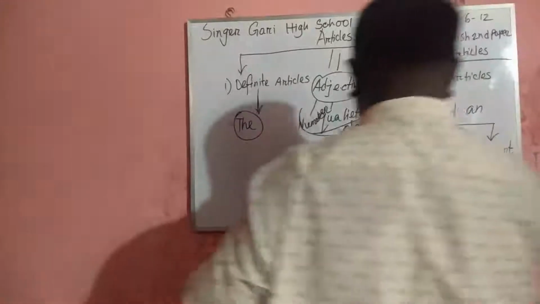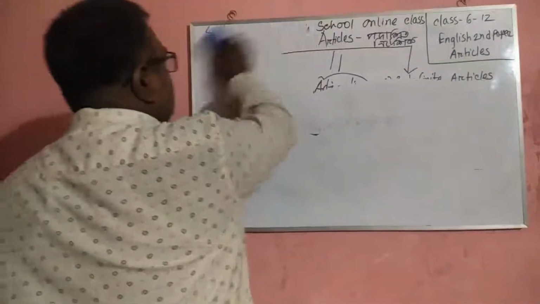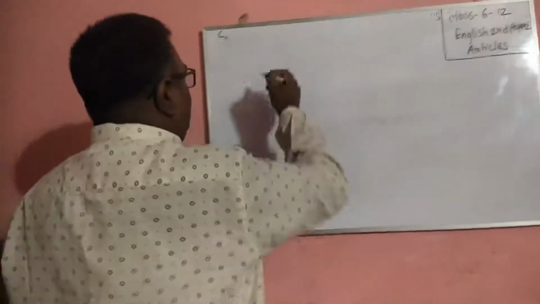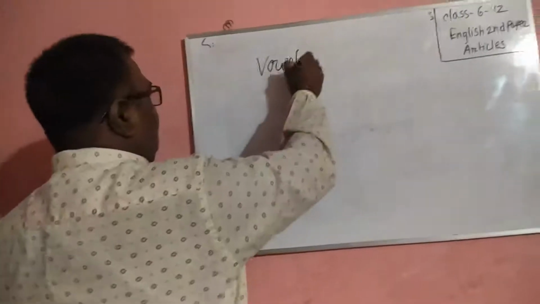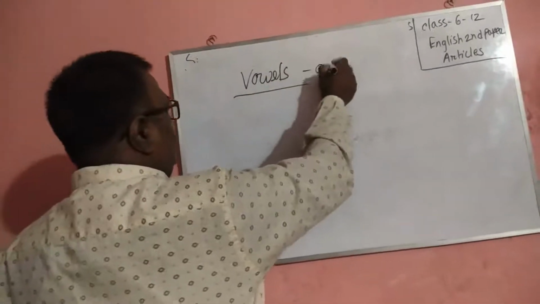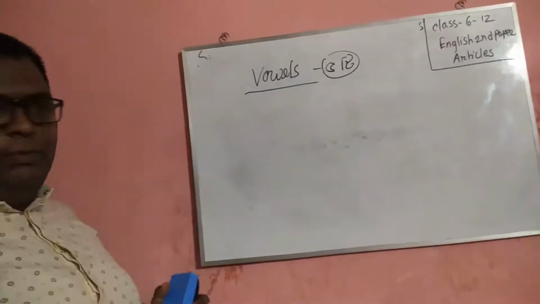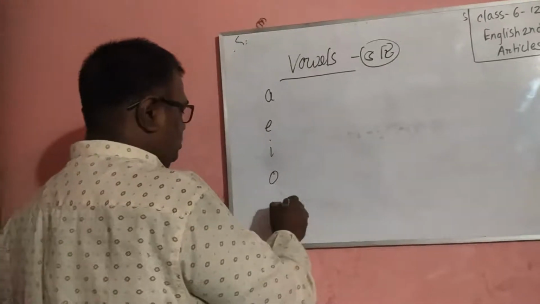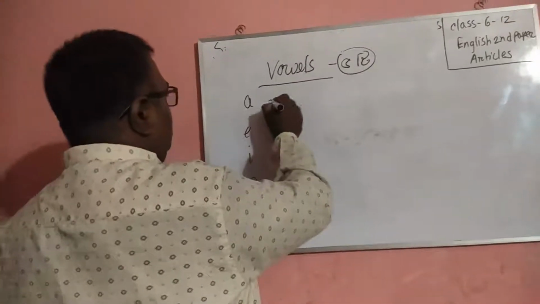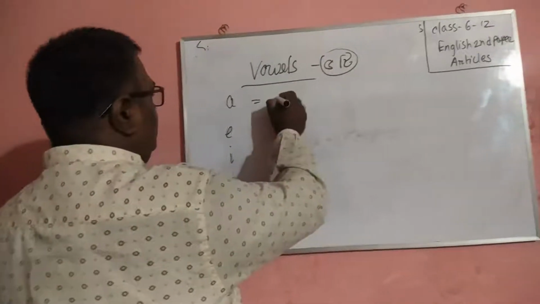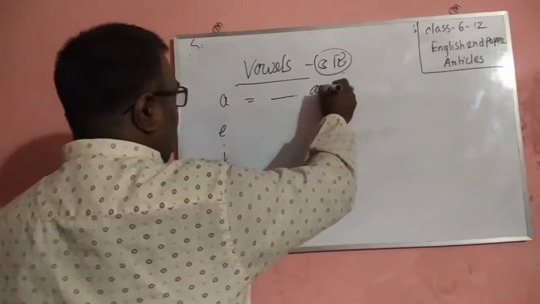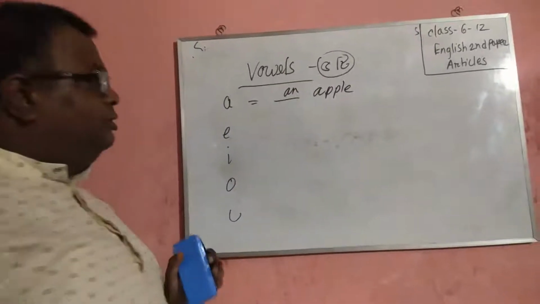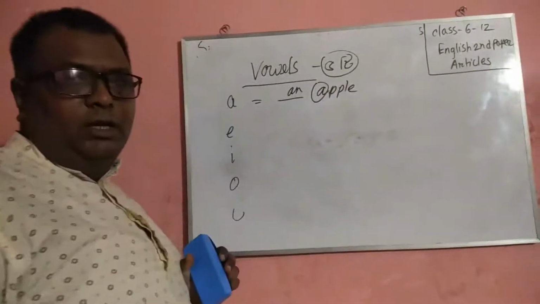Now see, I think you know how many vowels are there? There are 5 vowels: A, E, I, O, U. Now if we see apple, we have to put AN before the word because the word starts with A, and that is a vowel.